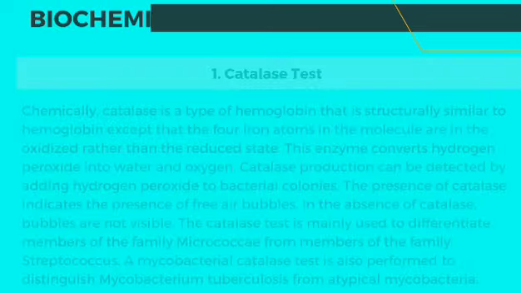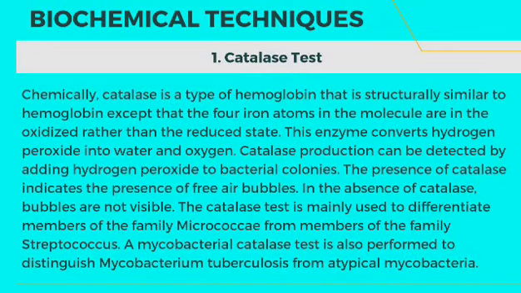Now let's head over to biochemical techniques. So first, the catalase test. Chemically, catalase is a type of hemoprotein that is structurally similar to hemoglobin, except that the 4 iron atoms in the molecule are in the oxidized rather than the reduced state. This enzyme converts hydrogen peroxide into water and oxygen.